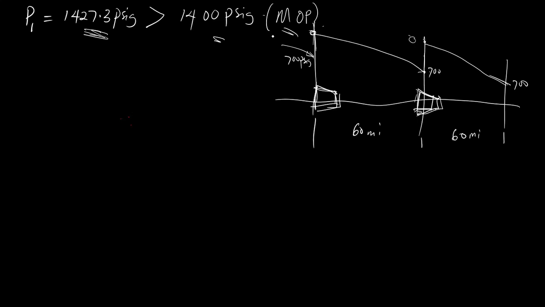So now let's calculate the pressure. Let's calculate this pressure here. What will be the delivery pressure? That's what we're looking at now. So I'm using 60 miles. Now we're going to make use of this flow rate formula again.